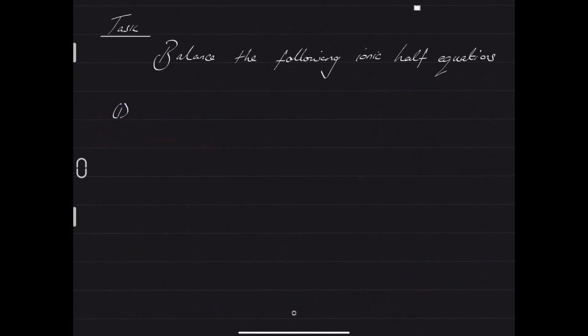For this task, I'm going to give you 6 minutes, which should be enough. I'm going to give you some ionic half equations, and I want you to balance them. So I want you to write them out fully, and I want you to balance them.